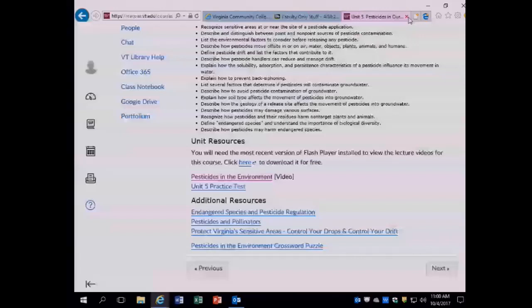Well, you were correct in what you said, that a lot of this is common sense. And it has some regulations that are included on labels of pesticides. They're there for a reason.